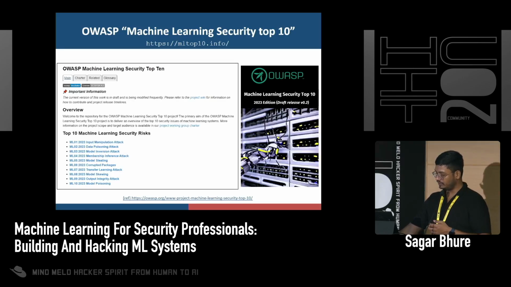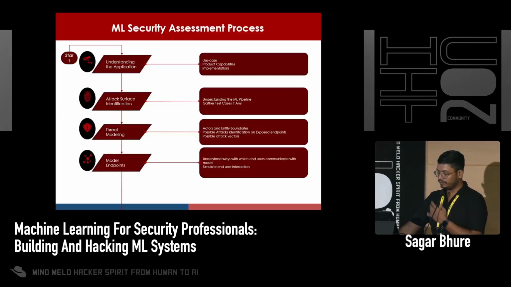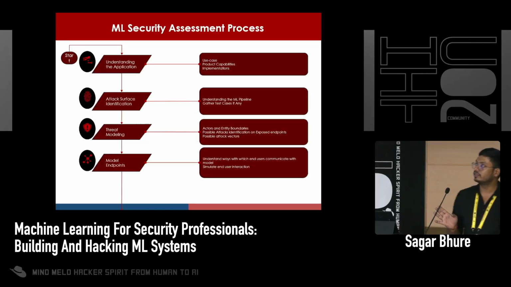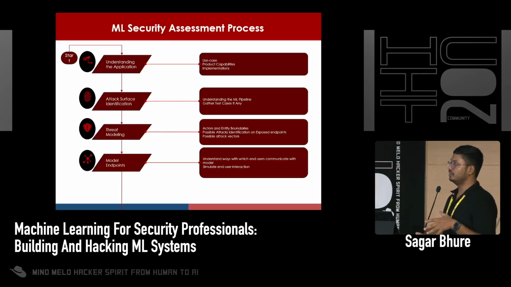The last section before we go to the CTF is threat modeling for any ML application. Again, this is a high-level understanding of how ML security assessment should or could be done, but it's not formalized. It's just based on my experience and my research work.